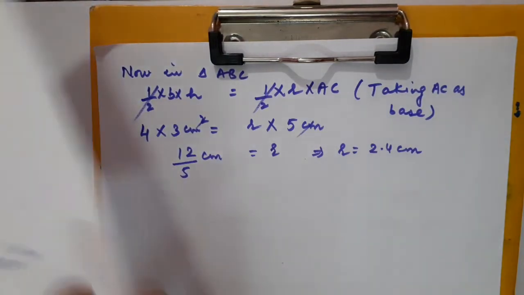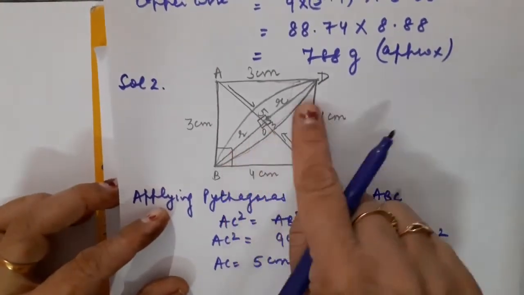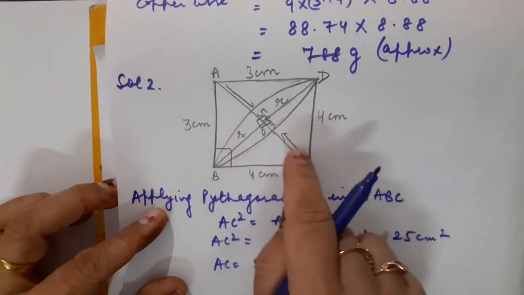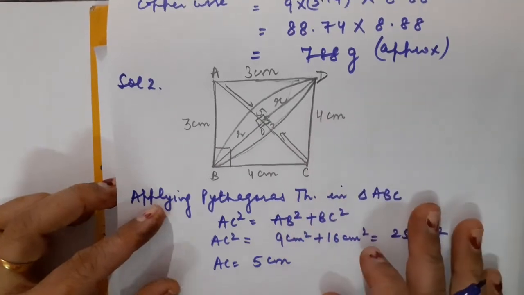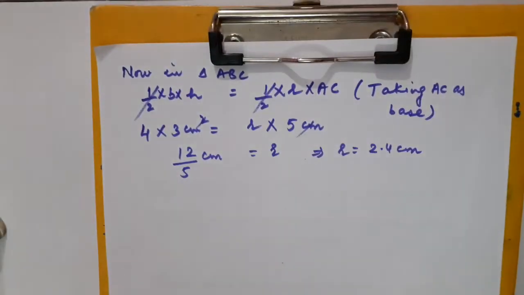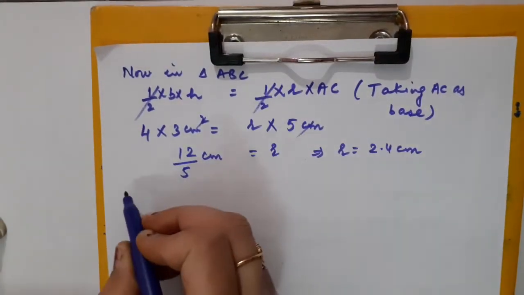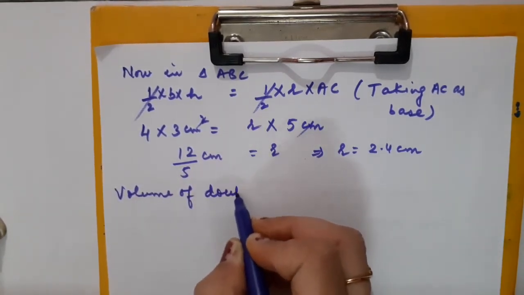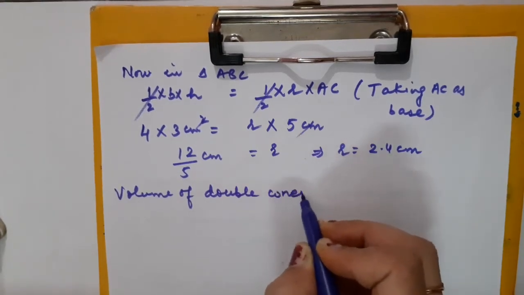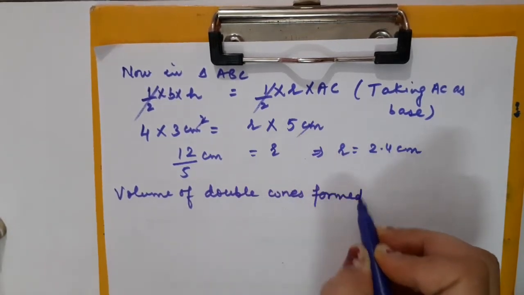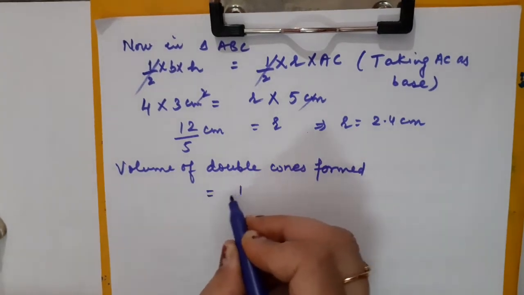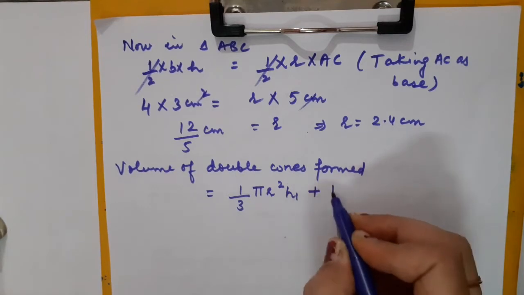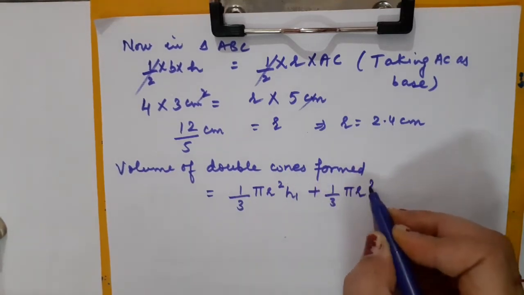Okay. Children, there are two cones formed having the same radius. Now we are going to calculate the volume of these double cones formed as well as their surface area. So first of all, the volume of the double cones formed. What is the formula? That is 1 by 3 pi r square h1 plus 1 by 3 pi r square h2.